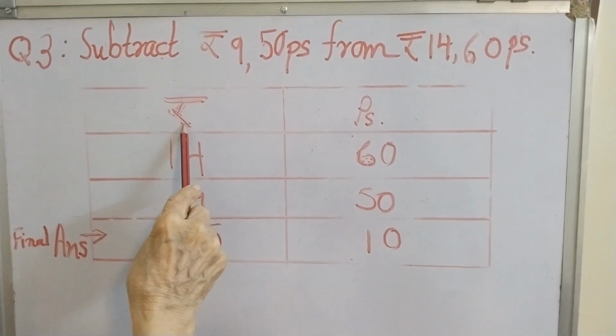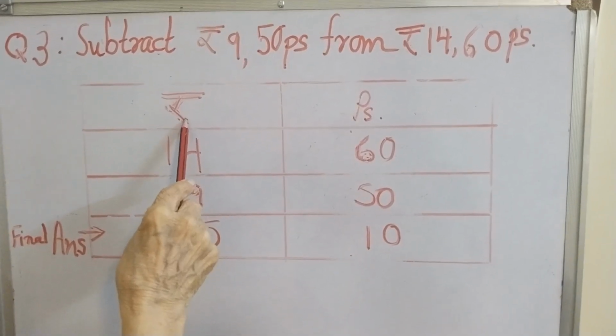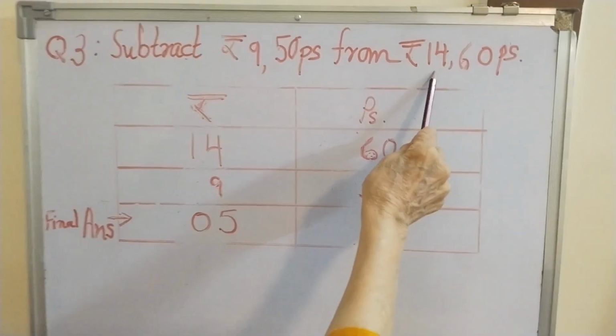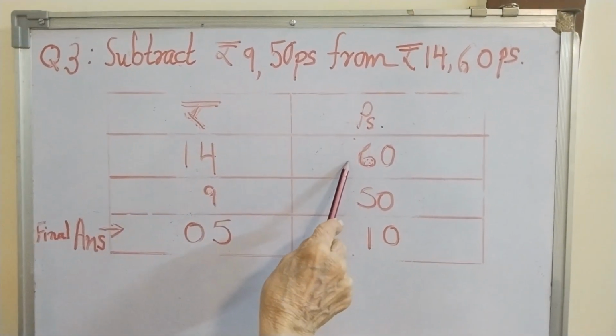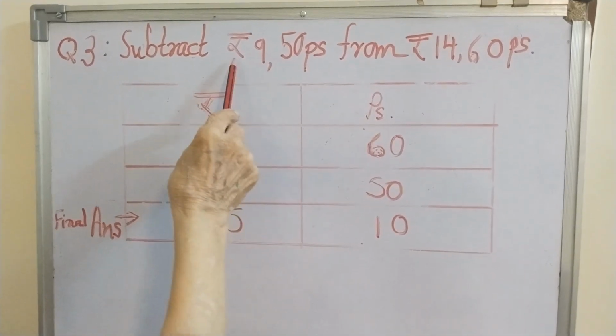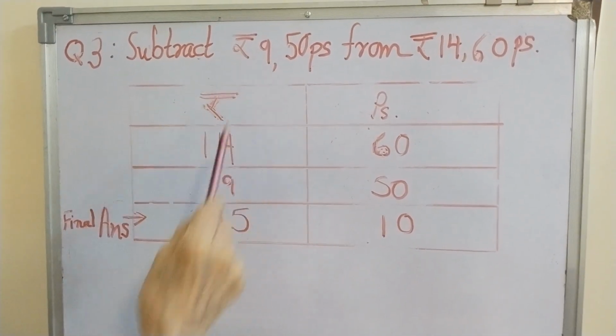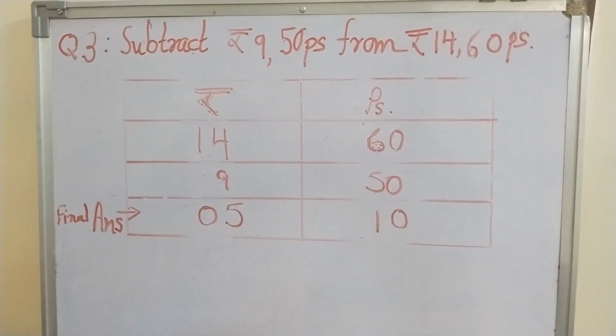R means rupees, we know that. And under it, first of all, we will write 14 rupees, 60 under paisas. Then in the next row, we will put in rupees 9 and under paisas 50.